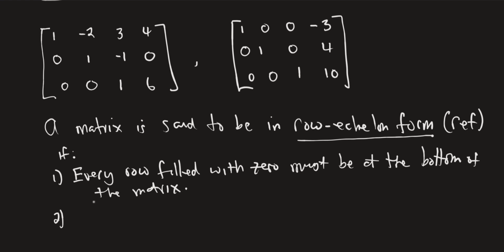Every row with a non-zero term must have a leading coefficient of 1. So each non-zero row must have a leading coefficient, also known as the pivot, of 1.